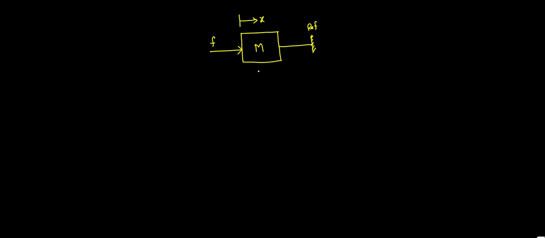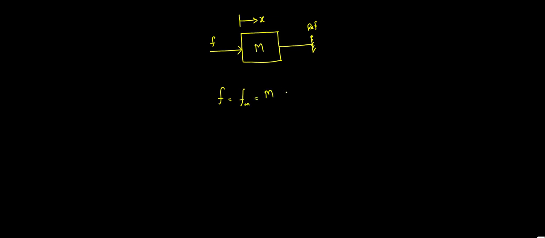And when you apply the force onto the system, what will happen? There is a certain amount of reverse force, called the opposing force, due to the mass. That force should be overcome, then only the mass will displace. So the total force that you are applying is equal to the opposing force, then only the system will respond.